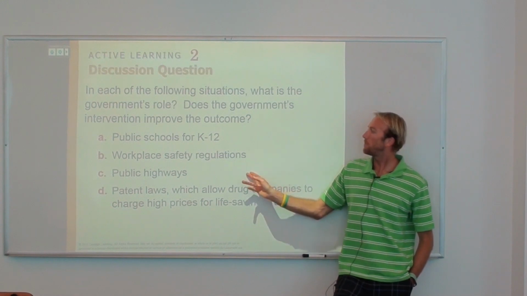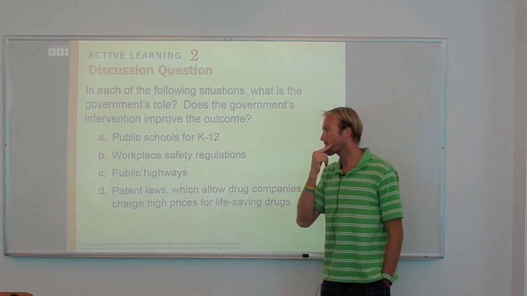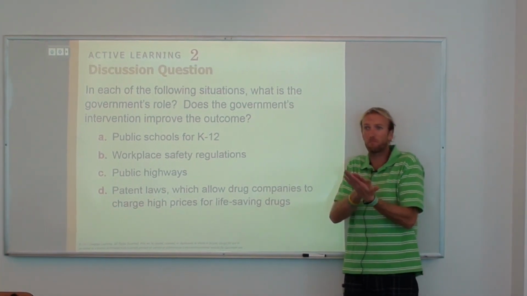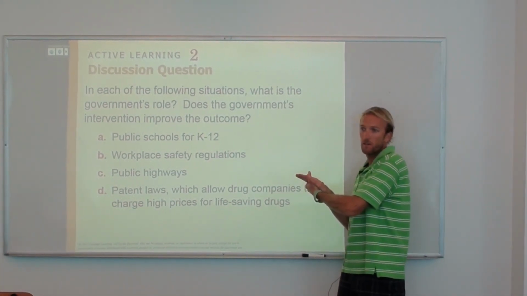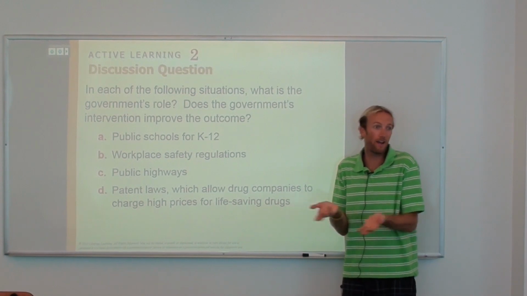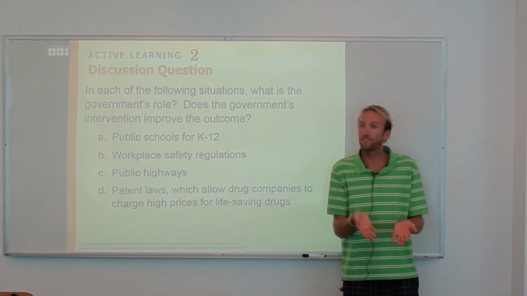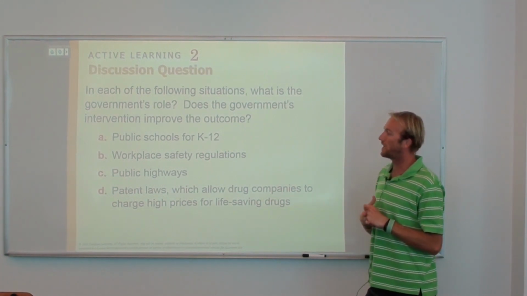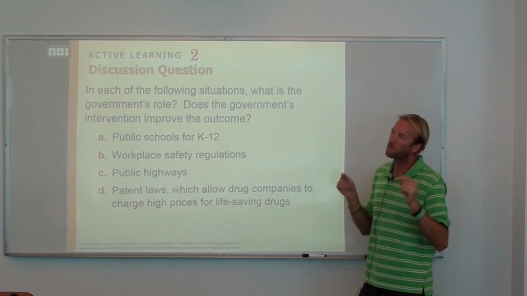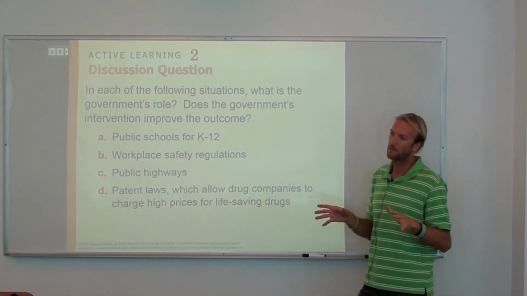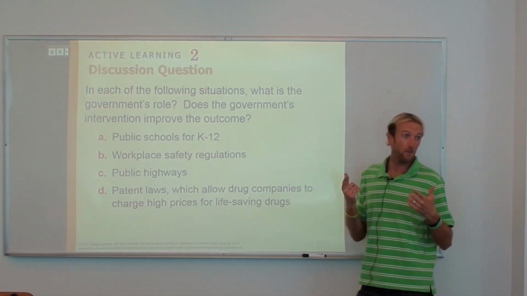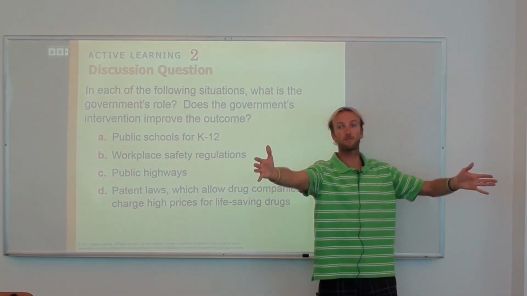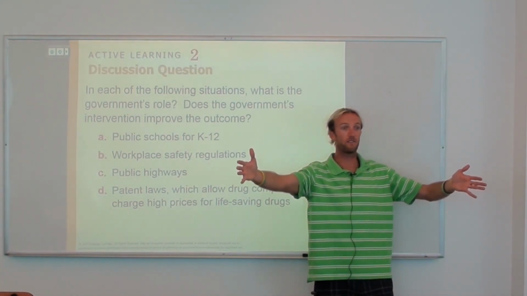Okay, public highways. I guess theoretically, me and you could come together and we could pay a construction firm to build us a road from our house to CSU Fullerton, so we can drive here, right? Theoretically, you could do that. But is this a good candidate for letting the market economy work? No. The reason why, let's say that this half of the class, we all decided to pay the construction company and get on the road.